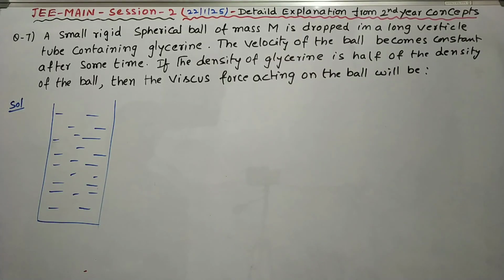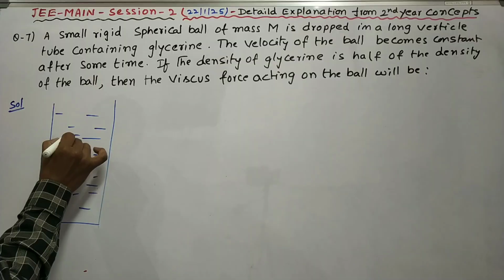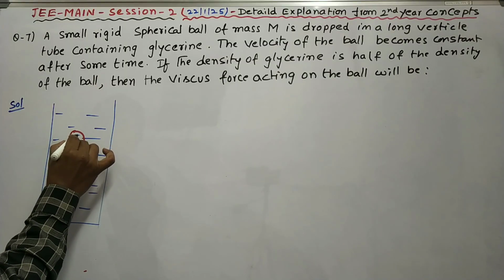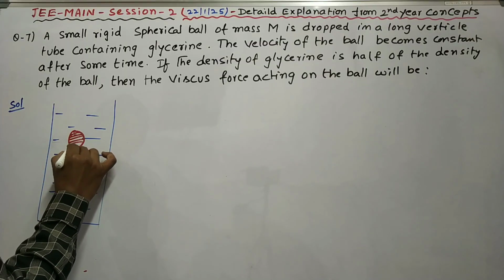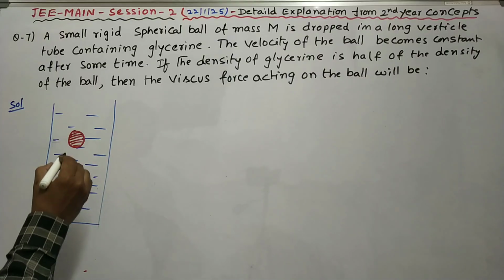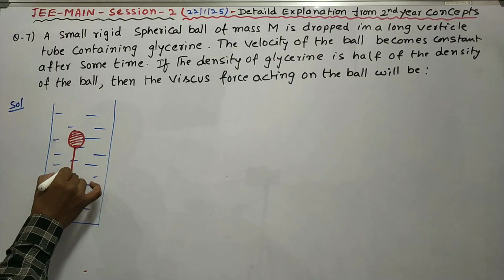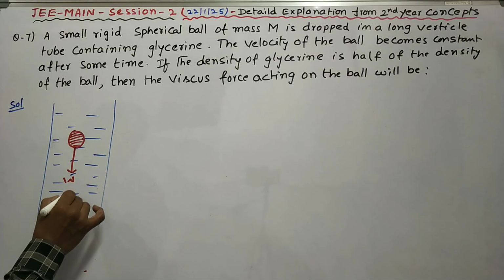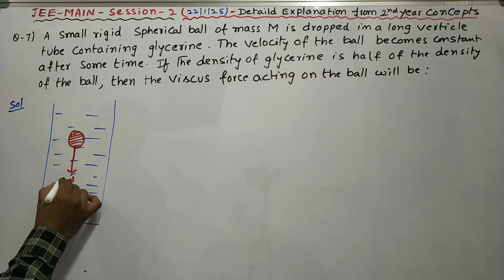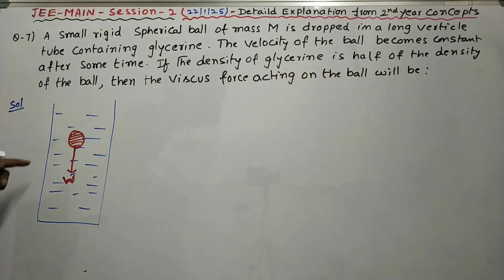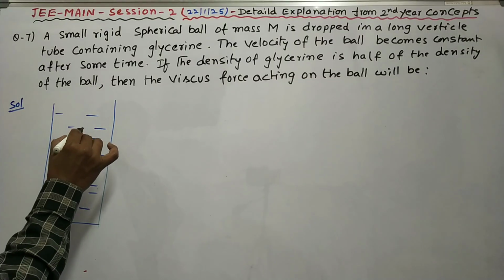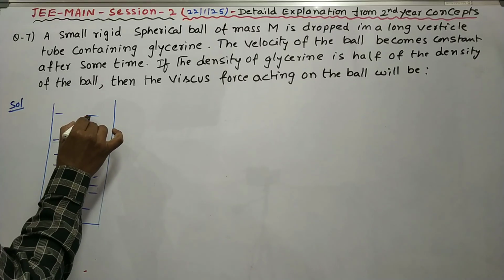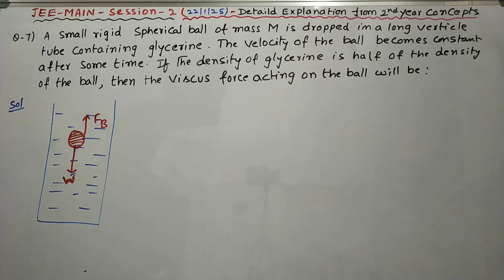Into this long vertical tube, a small spherical rigid ball is dropped. Due to its weight, it falls down. At the same time, when a body is traveling through any fluid, it experiences a force called the force of buoyancy.